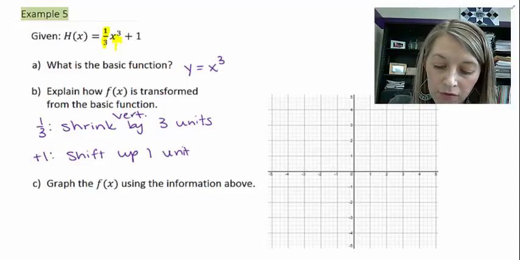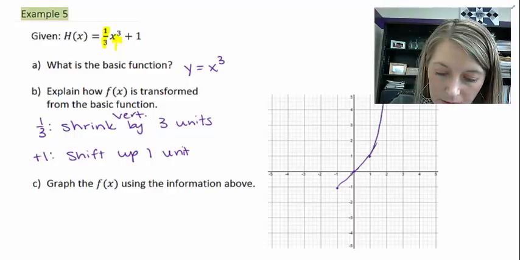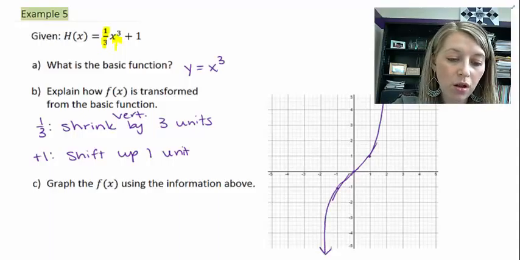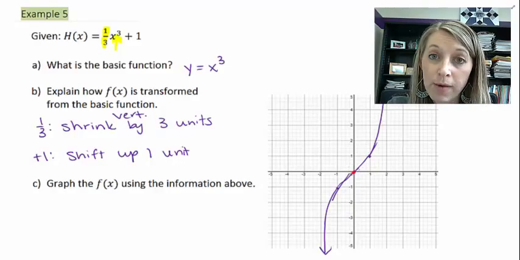Okay, so if we can recall what our basic graph looks like, something like this. And now I need to do all of this math with it. Okay, so I'm going to only adjust my y values. So my y values, I multiply by 1/3 and I add 1.